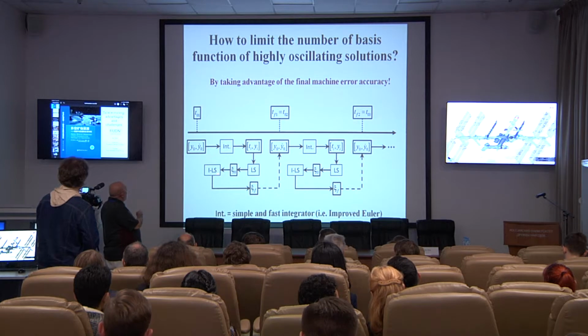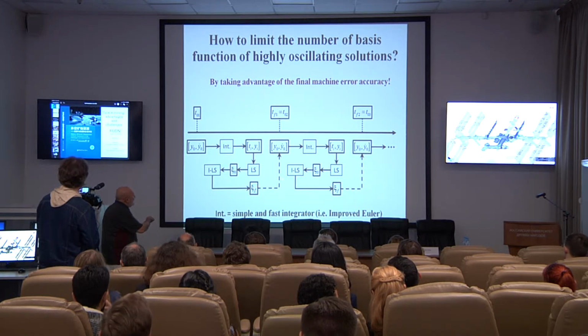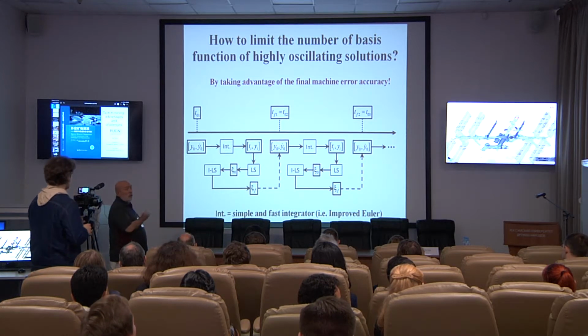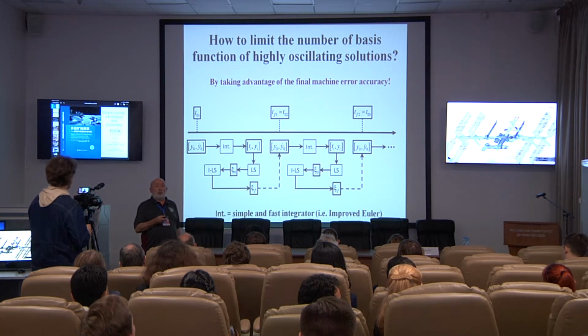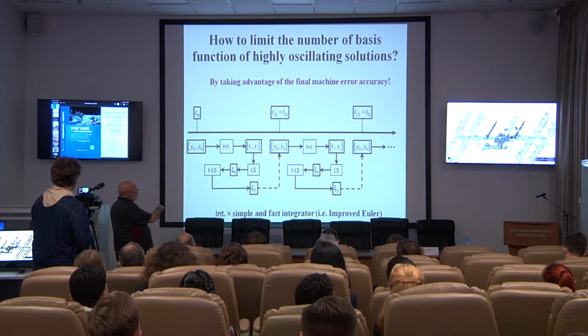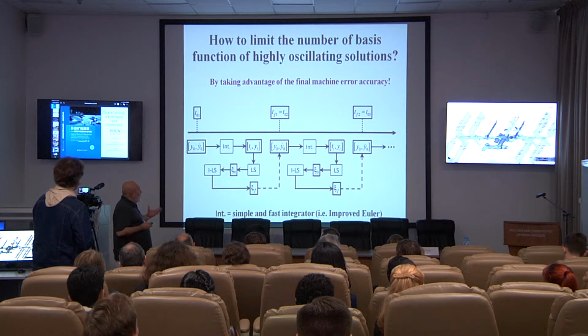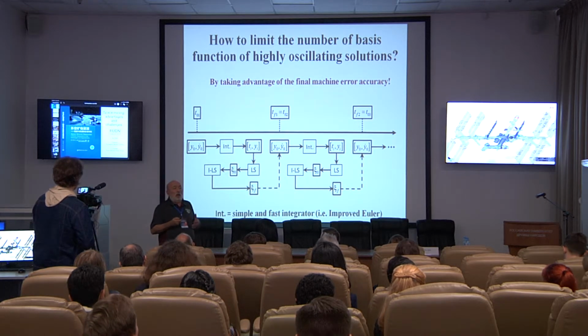And I start an iterative procedure, iterative least squares, to obtain the final value of the coefficients that guarantees me that the final value of my differential equation is accurate to machine error. And then I use this as the initial value for the next chunk. So I test this with a simple oscillator and an amazing result.